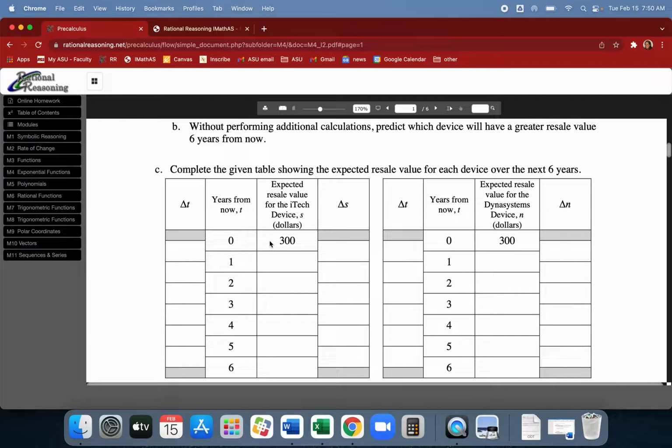The next change is negative 63. It's still 30%, but it's 30% of a different number, or 0.3 times a different number. 300 times 0.3 was 90, subtract it off. 210 times 0.3 was 63, subtract it off.